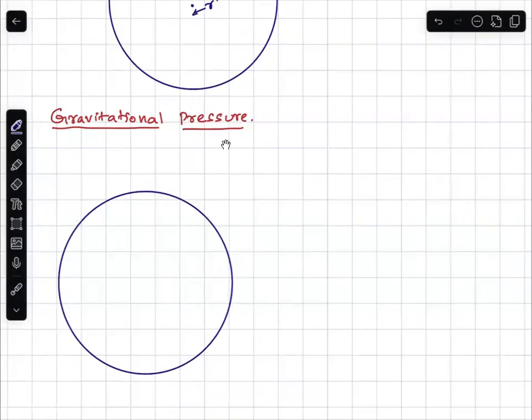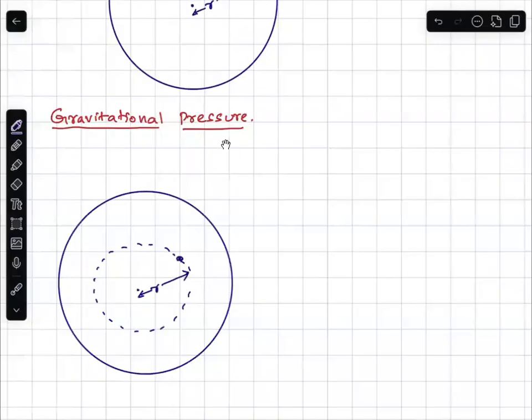Imagine a sphere. Now what is happening in this sphere? Try to please understand. Here is some point, and this point is assumed to be on the surface of an elemental shell of radius r.